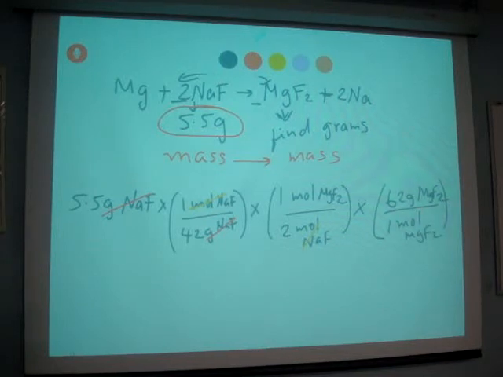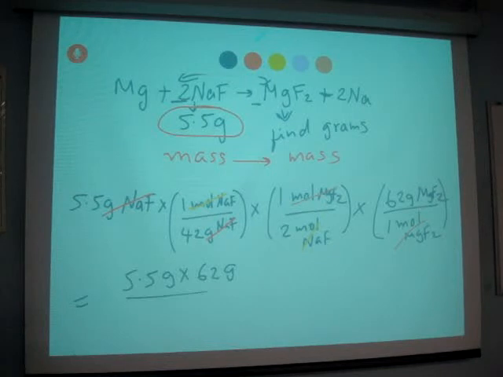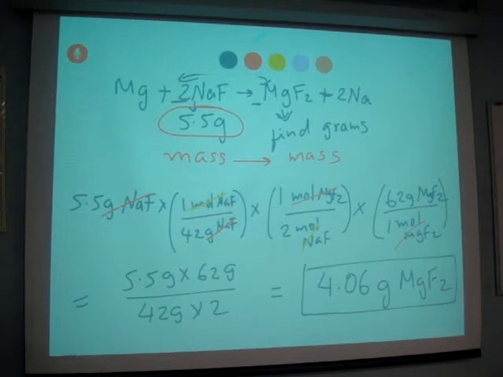Now moles of MgF2 cancel, and when you calculate 5.5 grams times 62 grams and divide by 42 grams and 2, you get about 4.06 grams of MgF2. So you start with mass of NaF and you convert to mass of MgF2 in this particular reaction, and that's called a mass to mass stoichiometric problem.